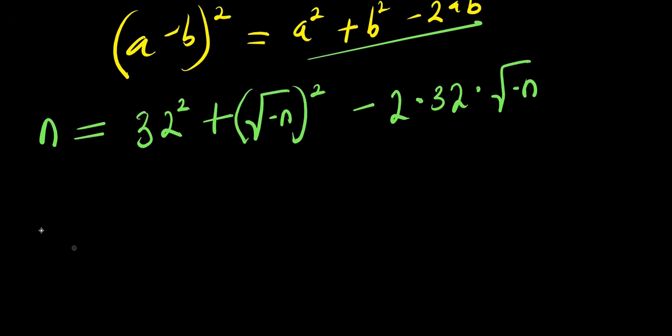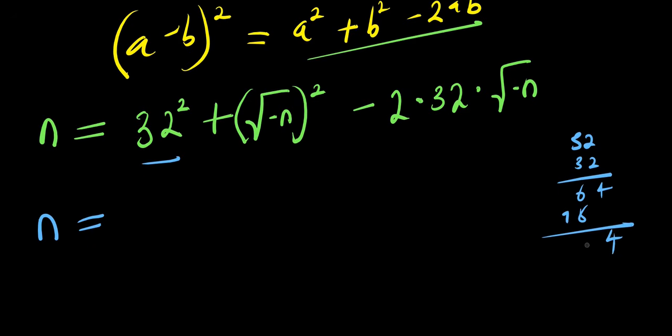So from here, I have n equals 32 power 2, that is 32 times 32. We can multiply that out: 2 times 2 is 4, 2 times 3 is 6, 3 times 2 is 6, 3 times 3 is 9. You add up: 4, 12, 2 carry over 1, 1024.